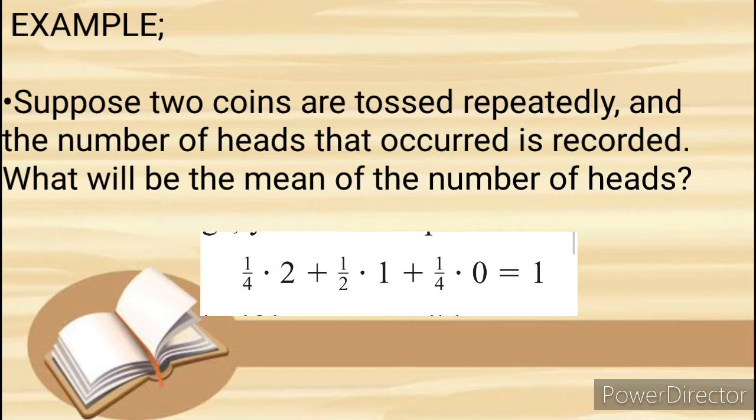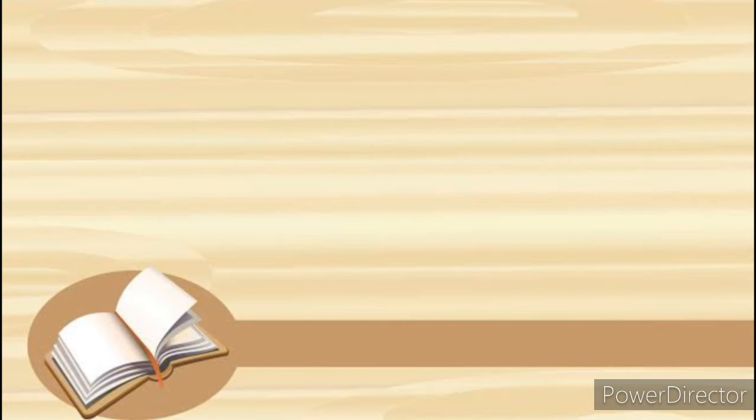If it were possible to toss the coins many times or an infinite number of times, the average of the number of heads would be 1. Therefore, to find the mean for a probability distribution, you must multiply each possible outcome by its corresponding probability and find the sum of the products.